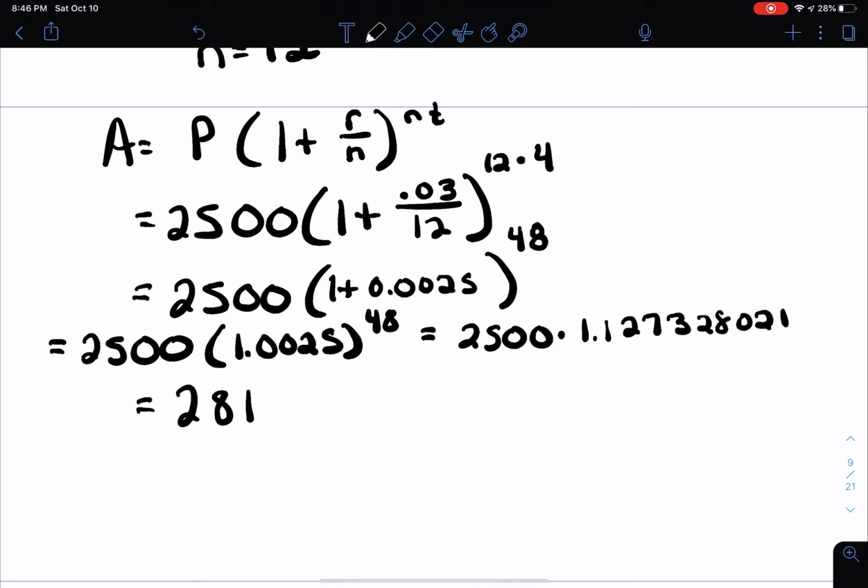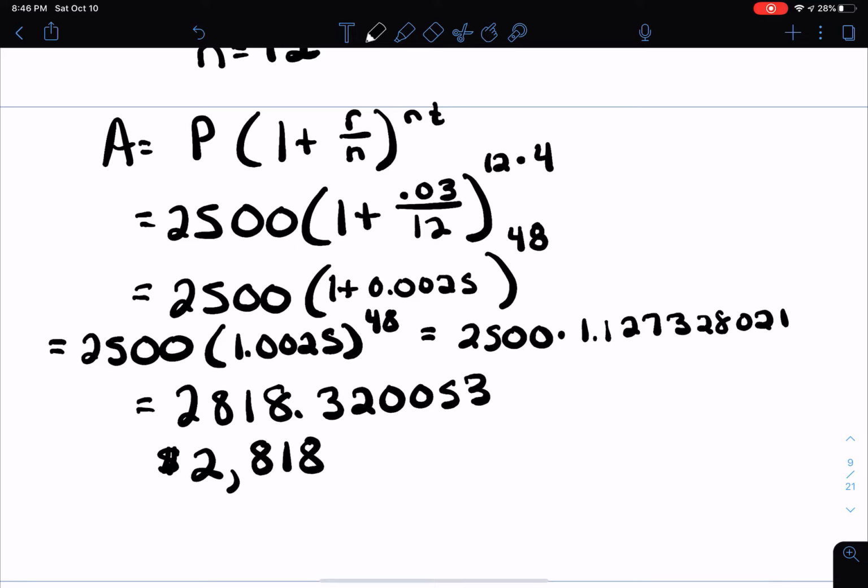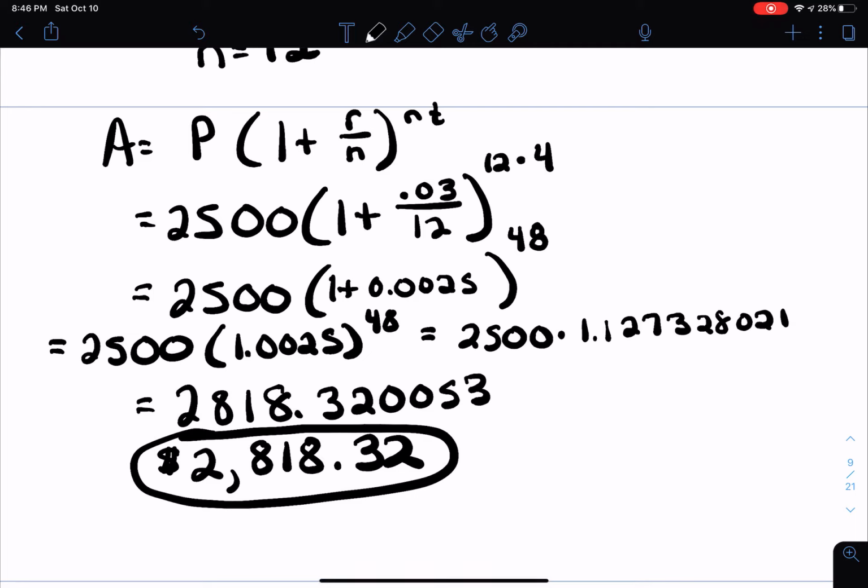And I get 2818.320053. The original problem doesn't say I have to round a particular way, so I'm going to round to the nearest cent. So Mary, when she cashes out her CD, will have $2,818.32 coming her way.